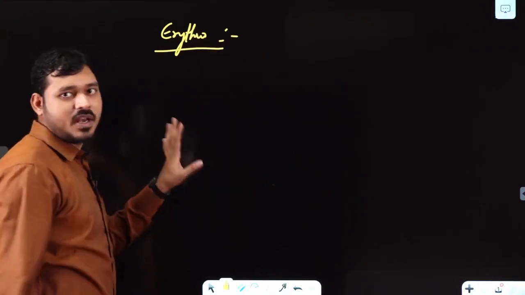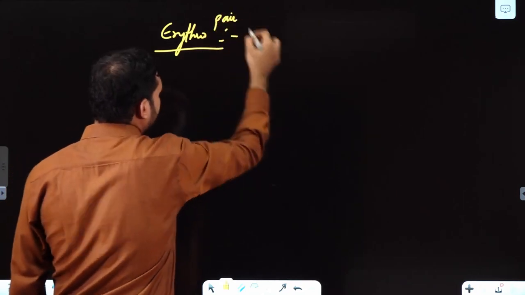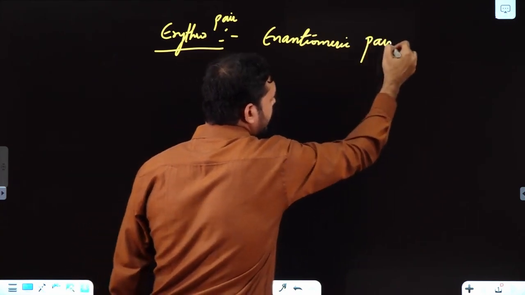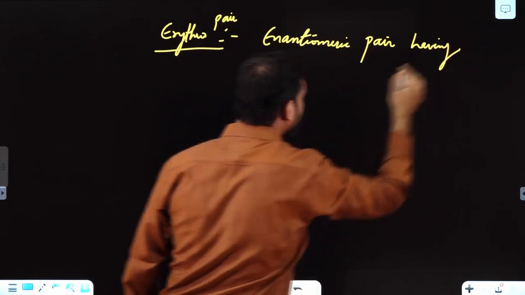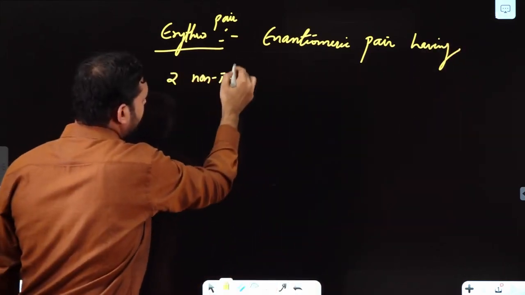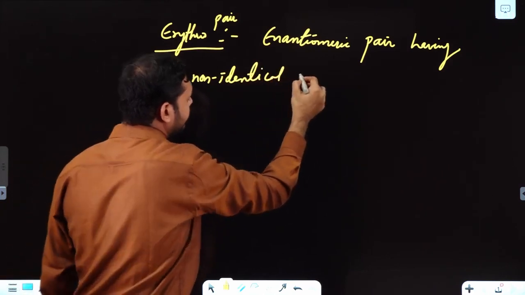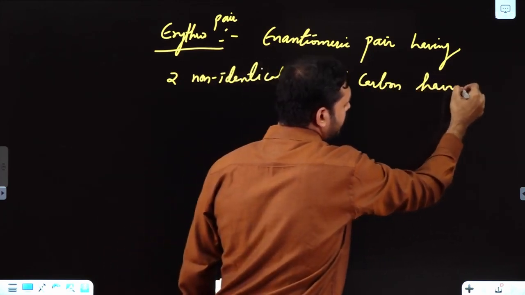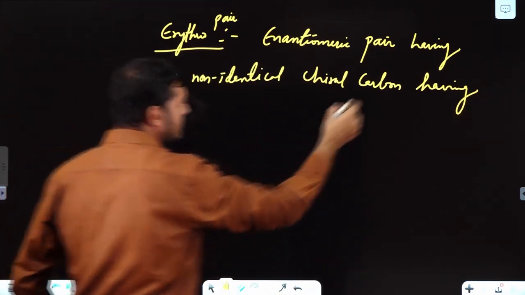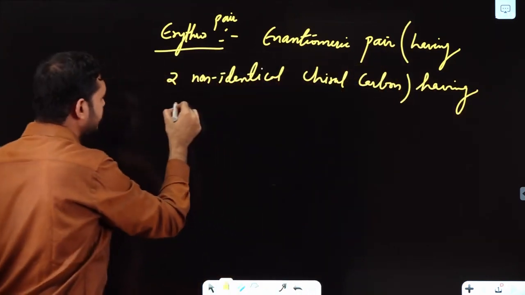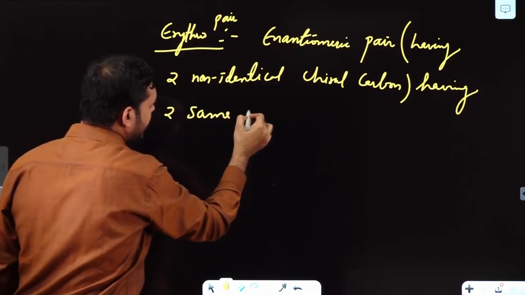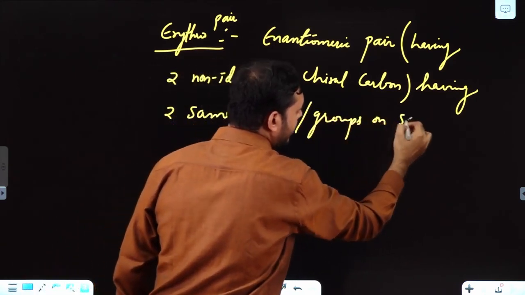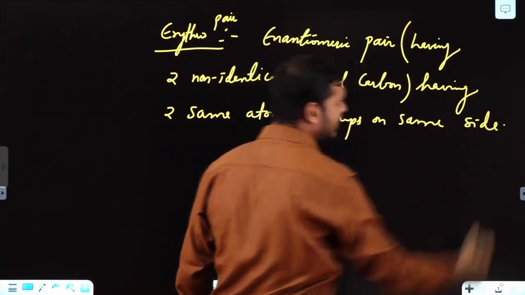Erythro. So erythro pair, if I say erythro pair, then I can say enantiomeric pair having two non-identical chiral carbons, enantiomeric pair having two same atoms or groups on same side.